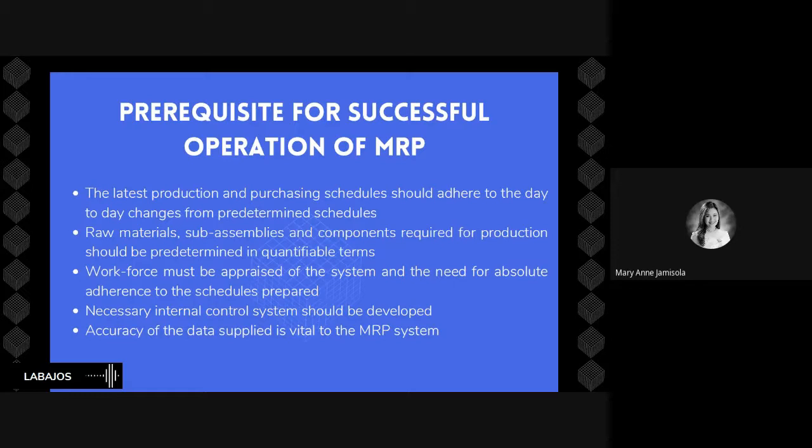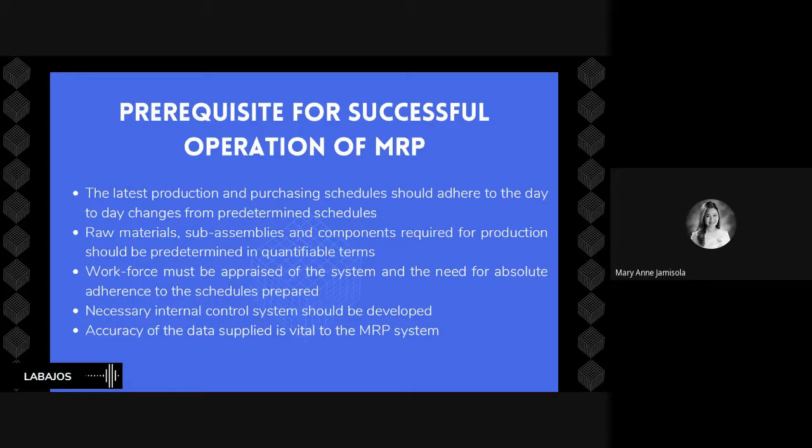Sometimes what is seen in the system is not actually what is done in reality when we look at our manufacturing plant. So, for the operation of MRP to be very successful in our organization, we must see to it that we adhere to the schedule as presented in the system. Otherwise, it will cause chaos.